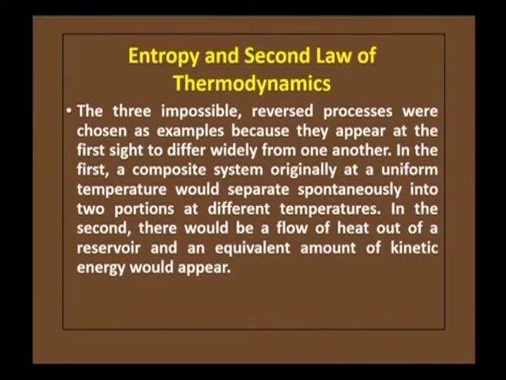In the second, there would be a flow of heat out of a reservoir and an equivalent amount of kinetic energy would appear. In the third, the volume of an isolated sample of gas would decrease and its pressure would increase. Many other illustrations can be given.